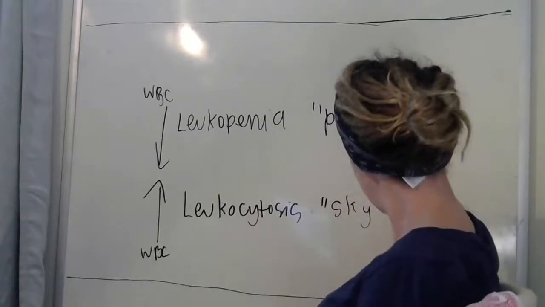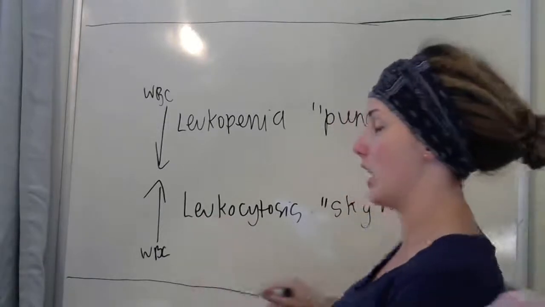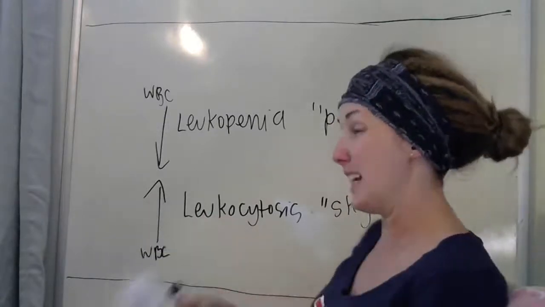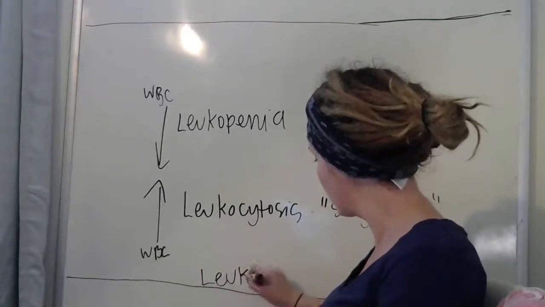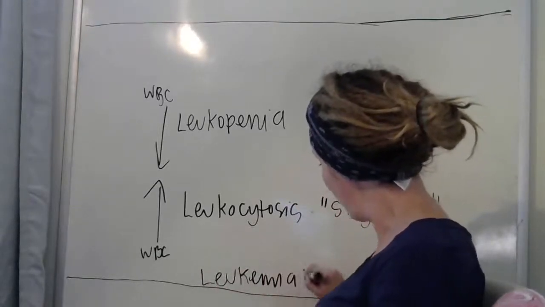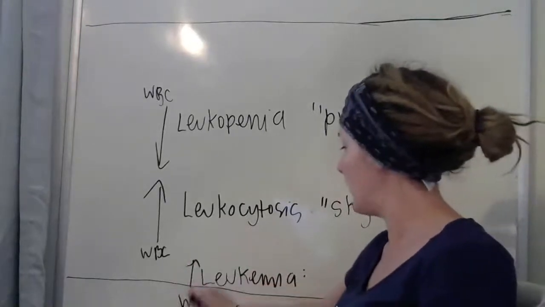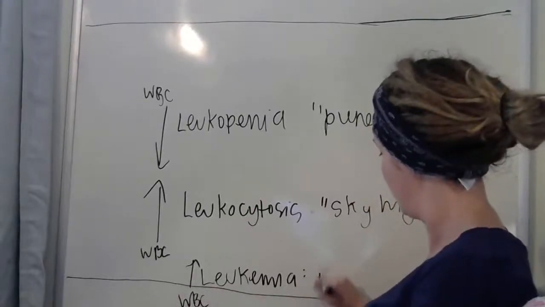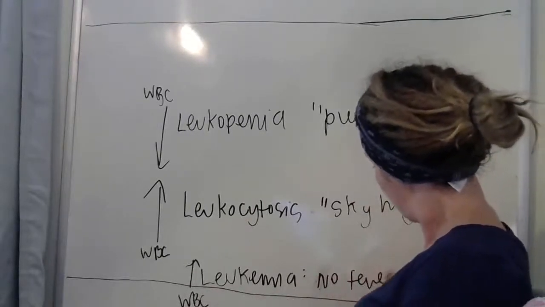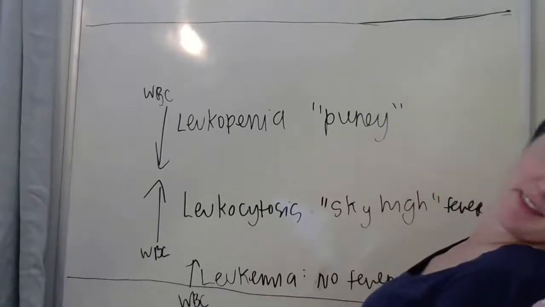And then there was a few of us that were getting confused as to what's the difference between leukocytosis and leukemia. Leukemia is blood cancer. And the only difference is this is also high white blood cells, but it's going to be accompanied with no fever. So remember, she told us, that's his fever.